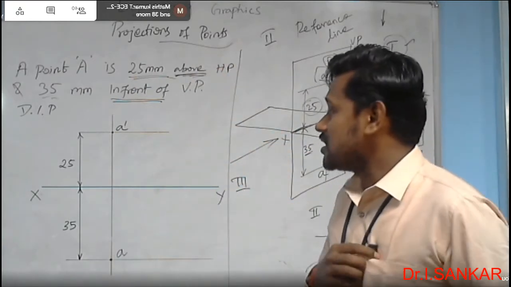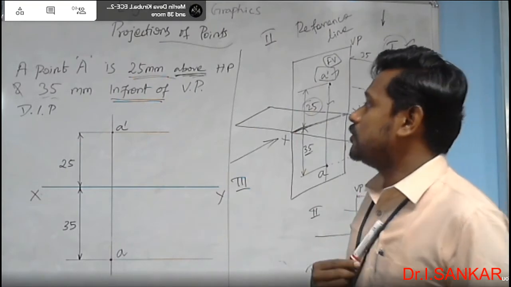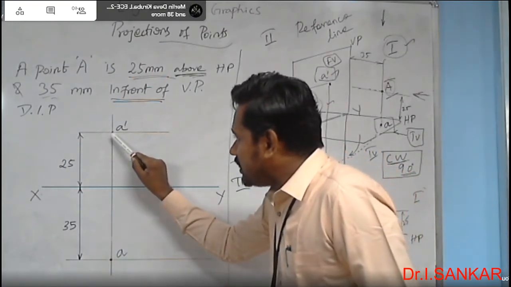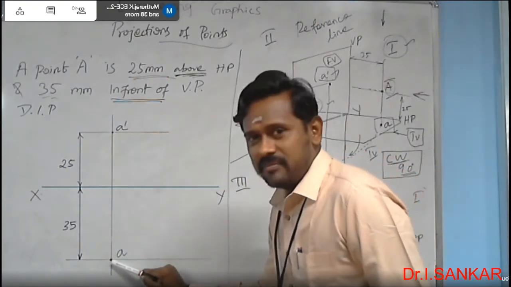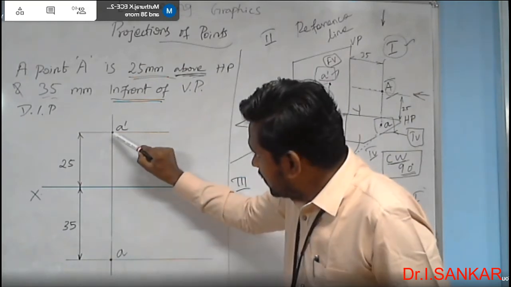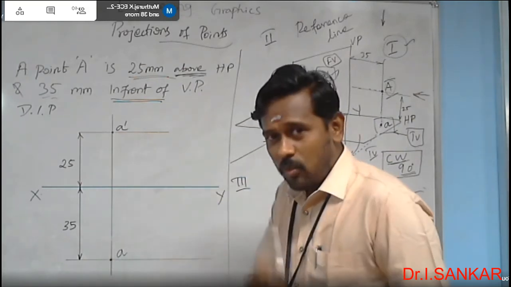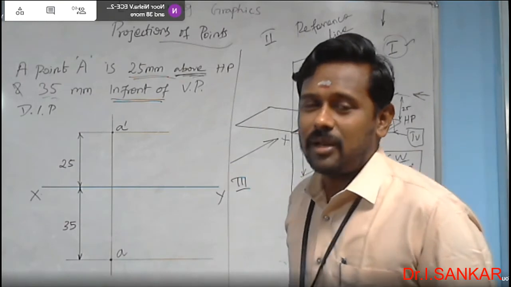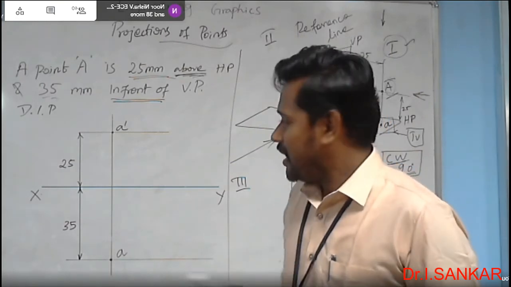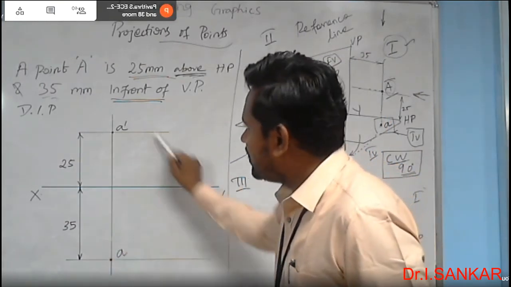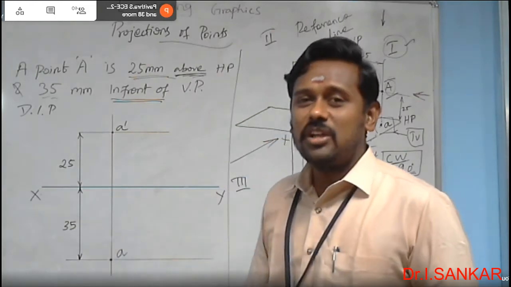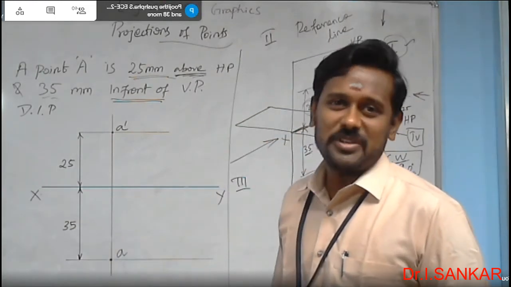And in this answer, I want to add a few things. The point A dash and A, not the alphabets, this point and that point only need to be drawn with the help of the HB pencil. All other things in this answer you need to draw with the help of the 2H pencil.